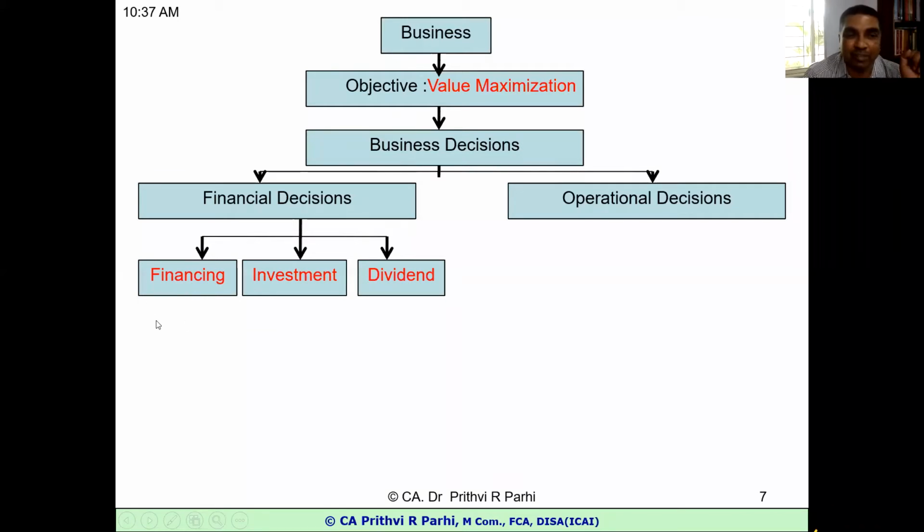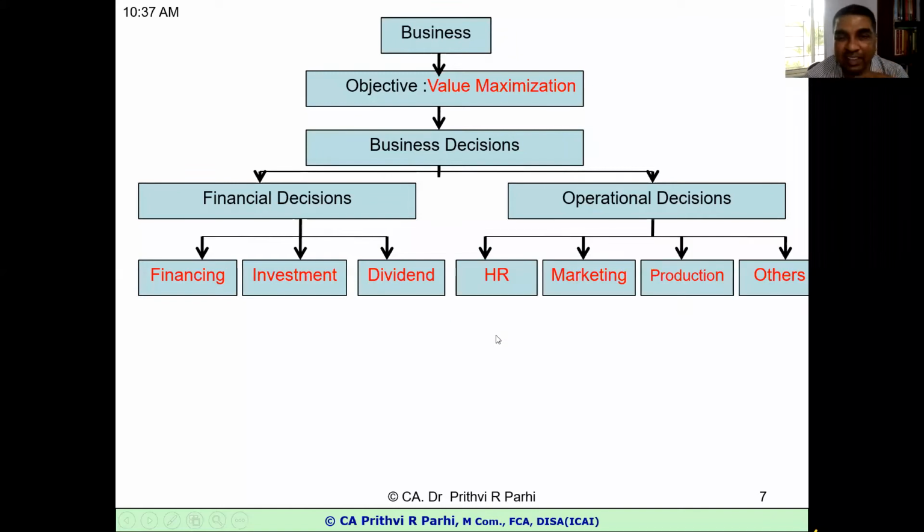Will you use your equity or take a loan? That's a financing decision. In the business you also take investment decisions: in which asset you will invest money, whether you will purchase plant A or plant B. And when profit is earned, some profit needs to be retained and some distributed. That is your dividend decision. All these are financial decisions.